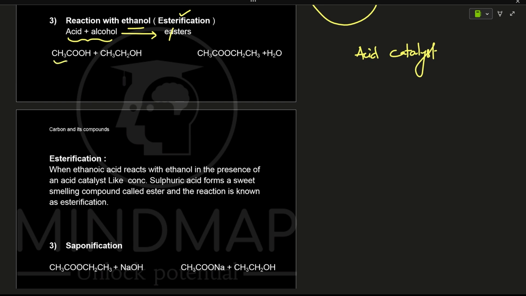Now this is the ethanoic acid. When reacts with alcohol in the presence of, here what we are using? We are using concentrated sulfuric acid. What we get? We are getting here this group.